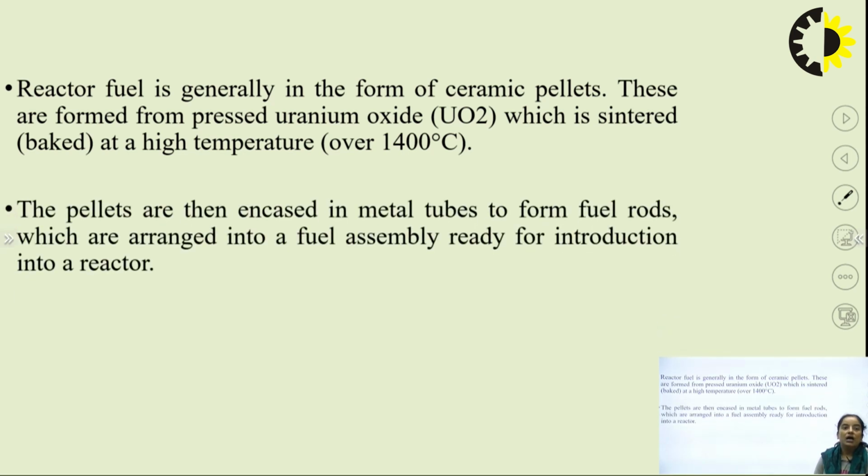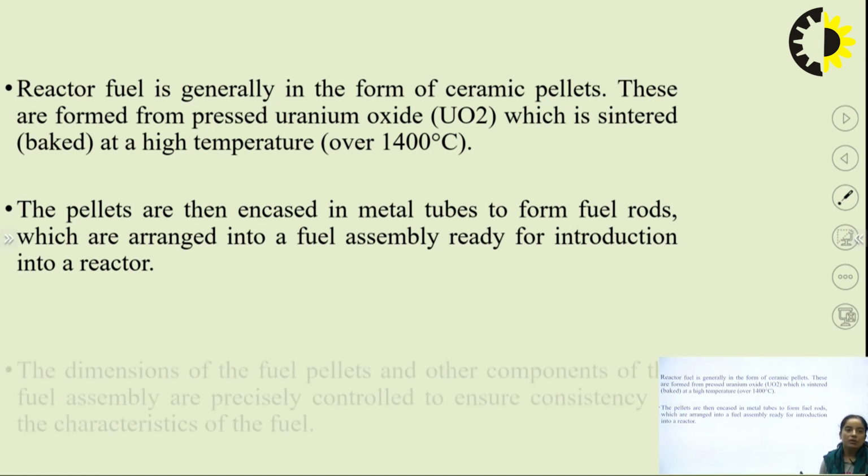The pellets are then encased in metal tubes to form fuel rods, which are arranged into a fuel assembly ready for introduction into the reactor. This is the process by which we create the fuel rods for the nuclear reactor.